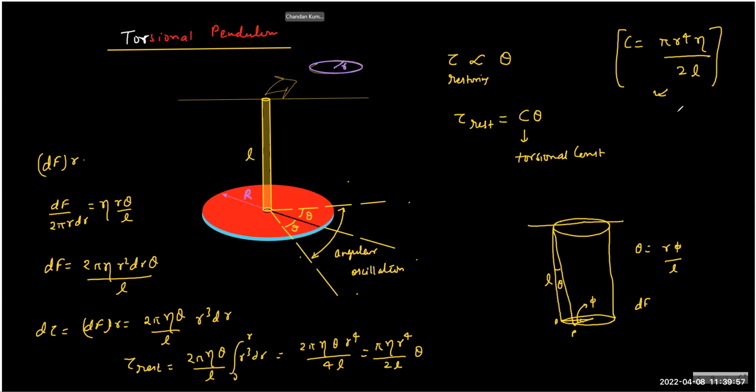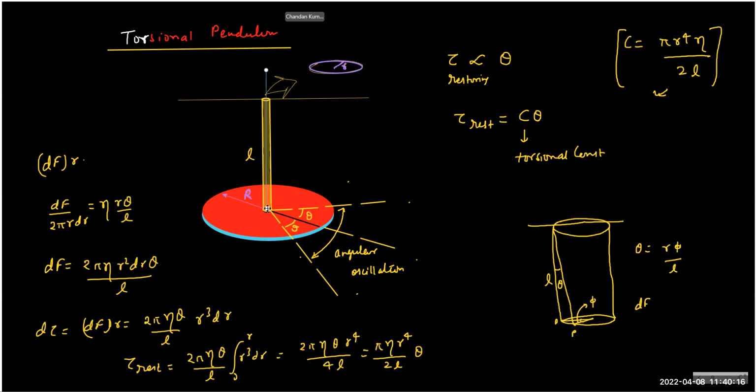So a twisted rod will try to come back into the original position, and so it will take the restoring torque. And because the rod is fairly thin, the moment of inertia of the rod about this vertical line will be how much?